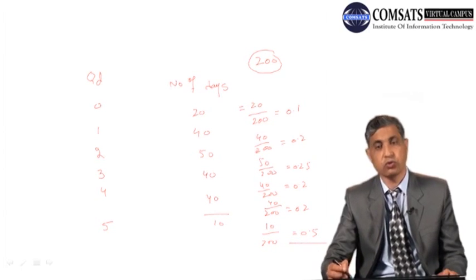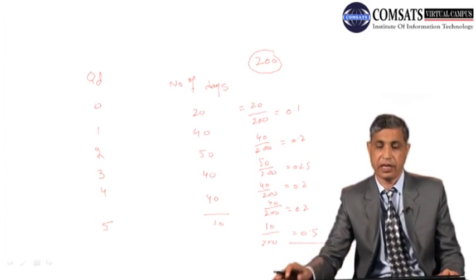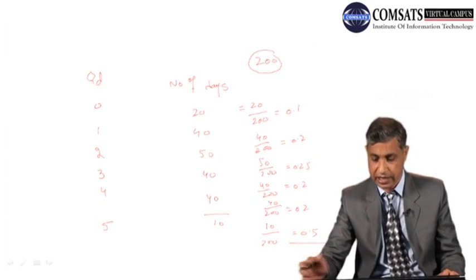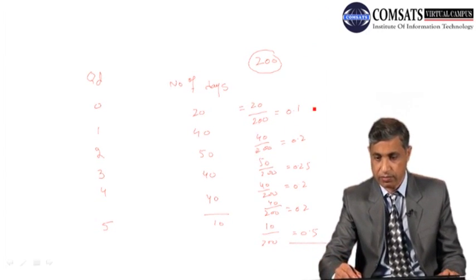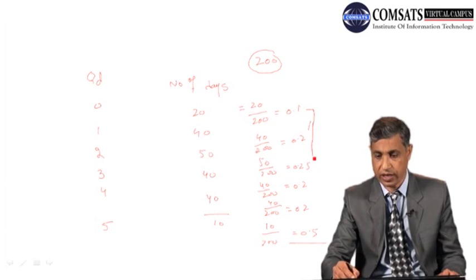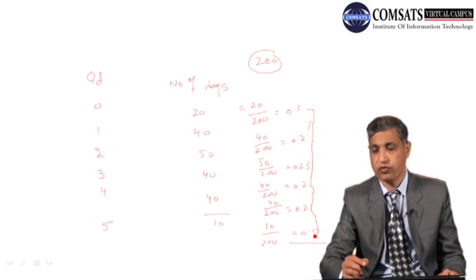Now our purpose is to prove that the sum of the probabilities, starting from here to this one, should be equal to 1.